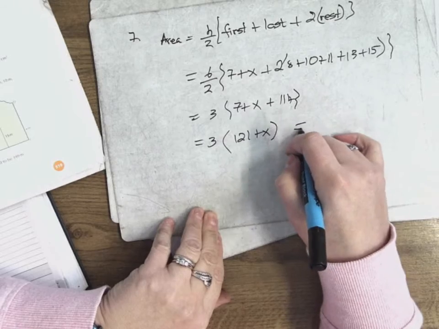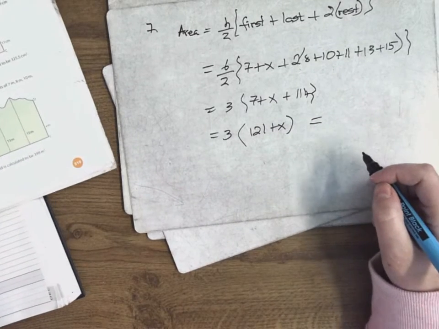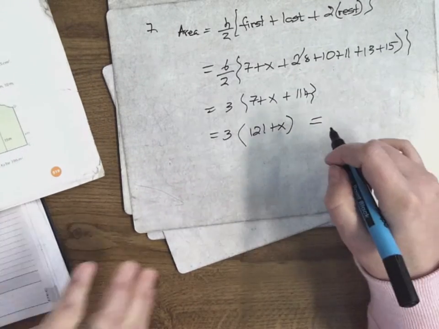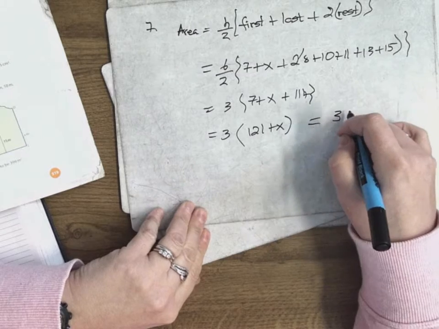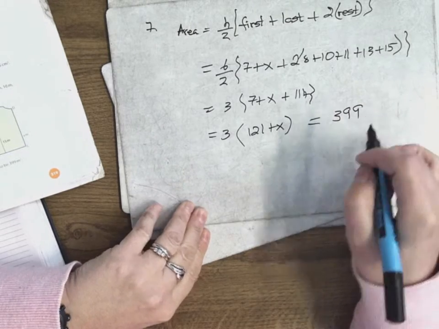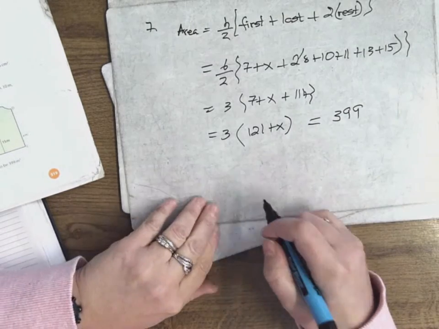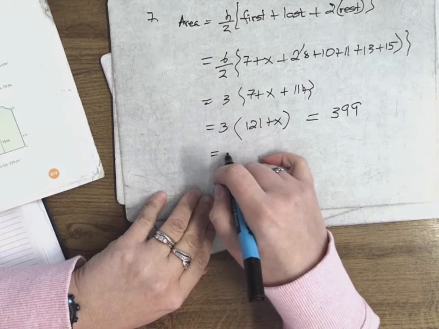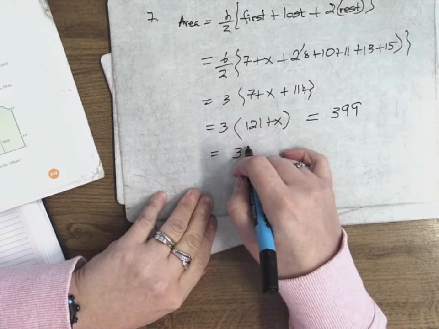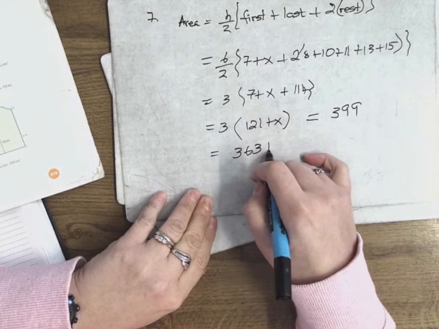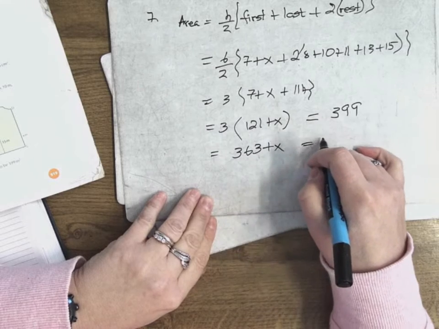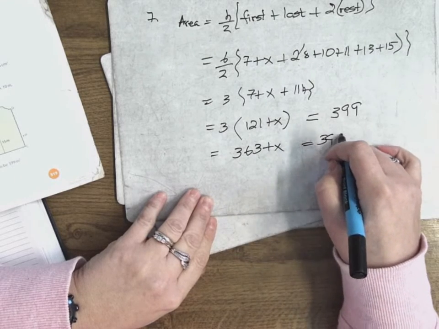Okay, sorry, I forgot to say, I know the answer equals 399. So you know when you worked it out, they told me it worked out to be 399. So multiply into that bracket, that's 363 plus x equals 399.